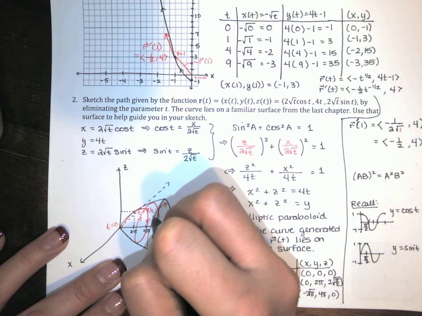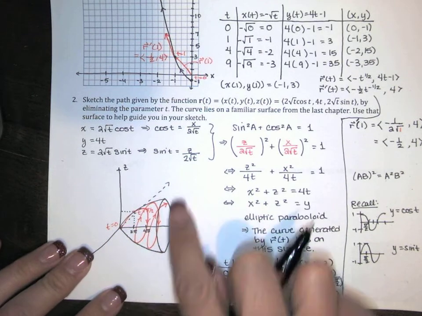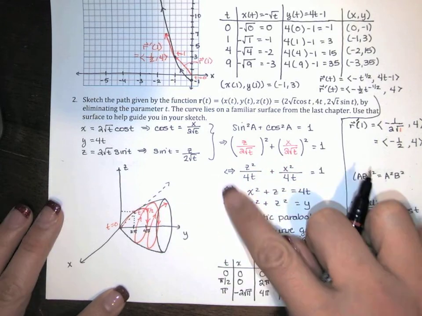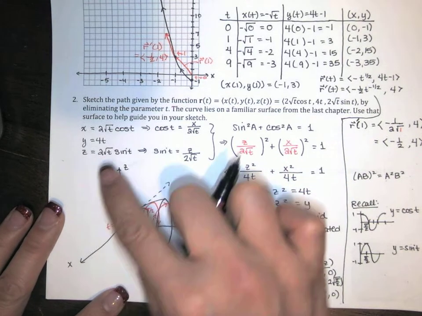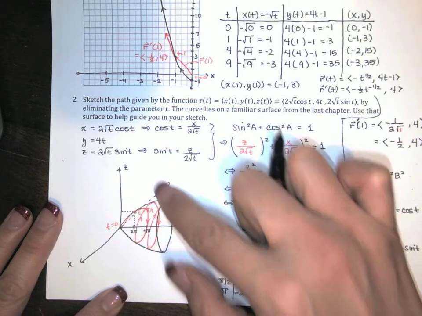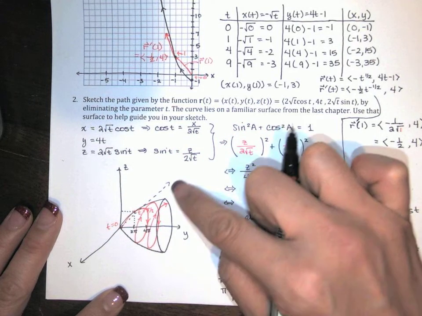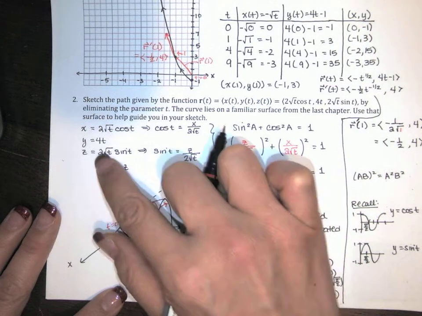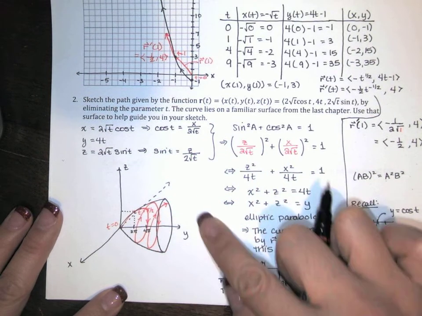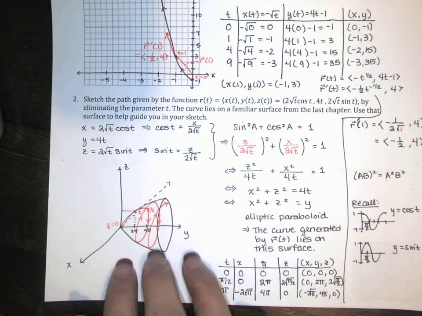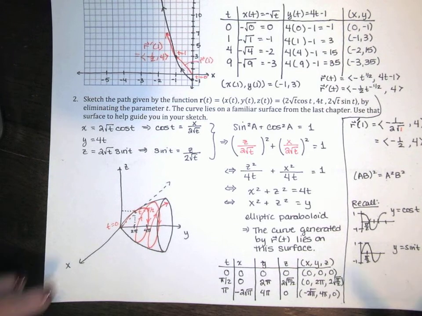But that's the idea. I'm on a curve that's on this surface, and we're going around and around and around. And as t increases, this number multiplying these trig functions is increasing, so we're getting farther and farther from that -1 to 1 that we started on. And then y is increasing the whole time, so we're going farther to the right. Okay, so that is how we sketch this vector valued function on the surface.